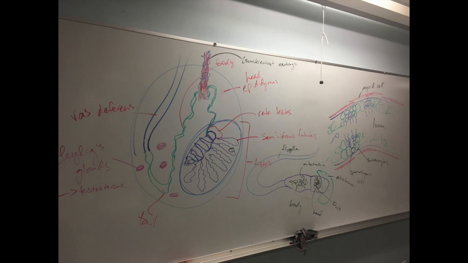On the head of the sperm, they've got a little protective helmet. That guy's called the acrosome. This is the head. This is the body. The body is packed full of mitochondria.